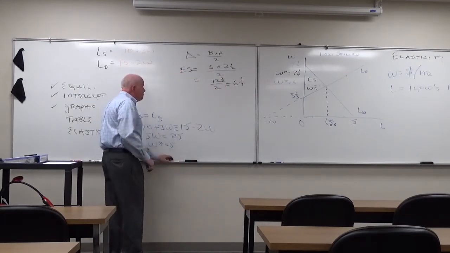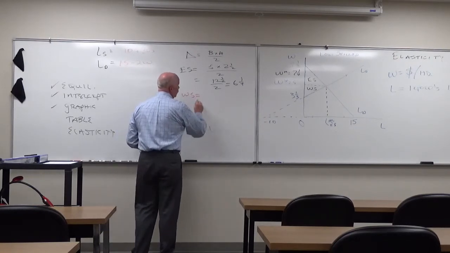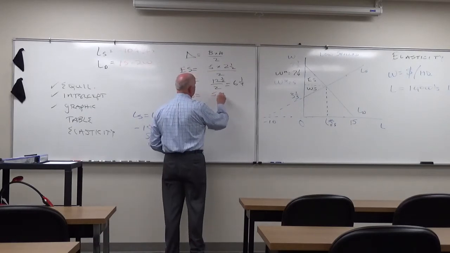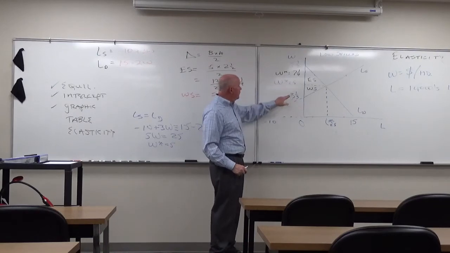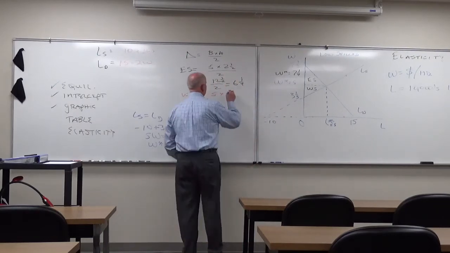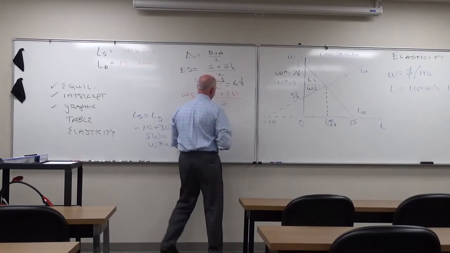Let's think about worker surplus now. So worker surplus, we're still going to have 5 in our base, times the difference between 5 and 3 1/3, which I think is 1 2/3. I'm going to call it 1.67 divided by 2.